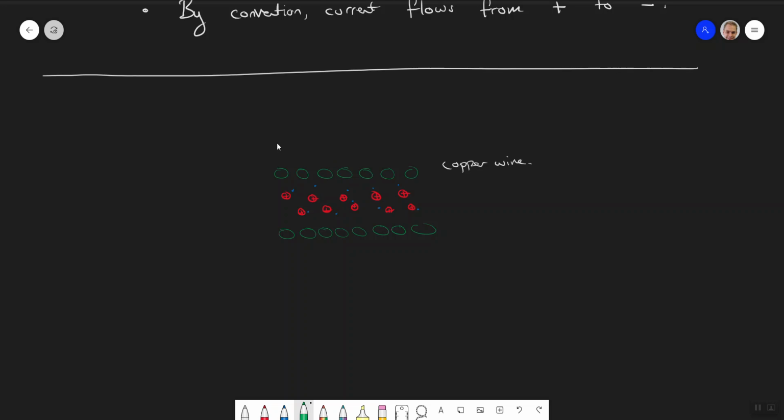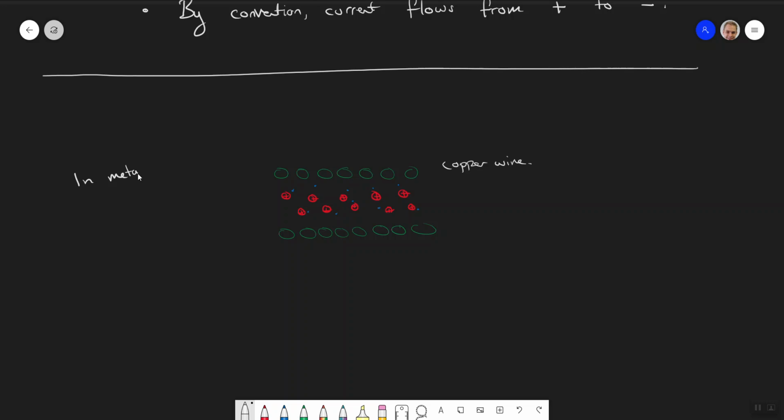So in metals, conduction occurs because of these delocalized electrons. You're never really asked to go into this detail, but this is kind of what is going on.